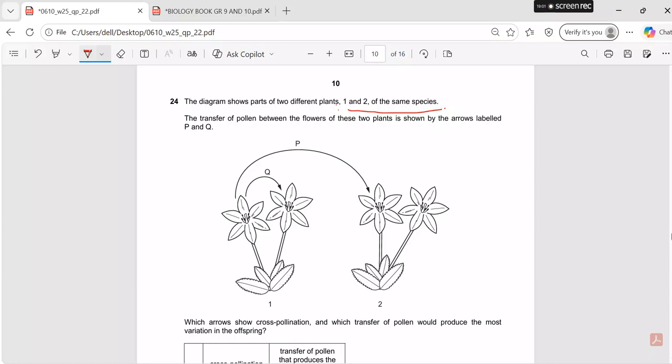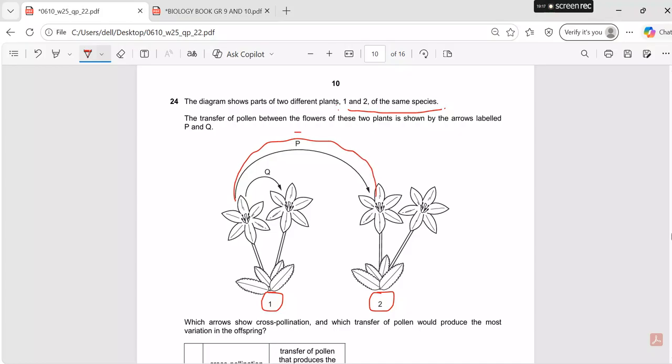If you see, this is plant number 1, this is plant number 2. Okay, so there are transfer of pollen from this flower to this flower.